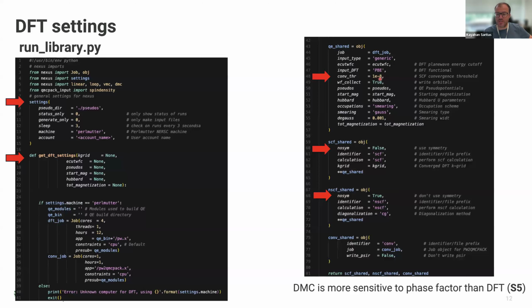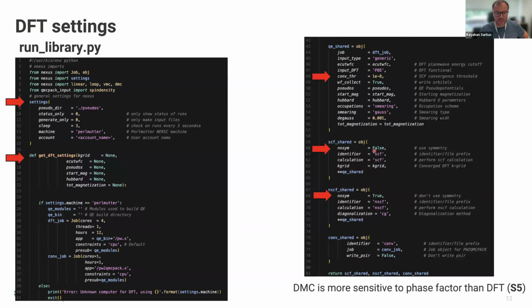So this is more stringent than a typical DFT calculation that you would run, where you would be mostly interested in total energies. Similar convergence may also be required, for example, if you were to do DFPT calculations. The same applies here: you want to get the nodal surface of the wave function as accurate as possible, so you require a smaller convergence threshold.